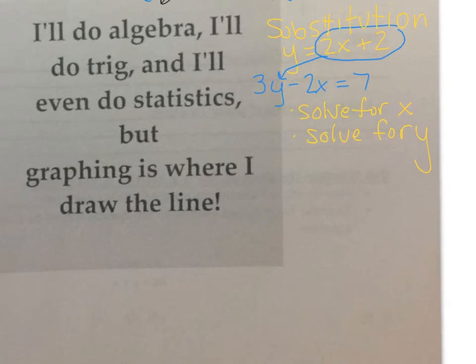Elimination. Very briefly. That's the one we've been doing in class the most recently.